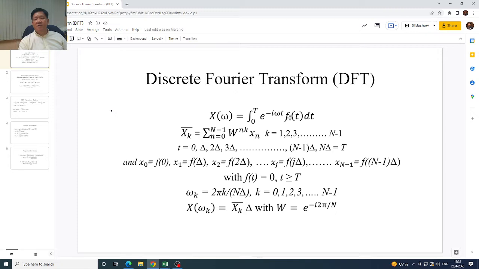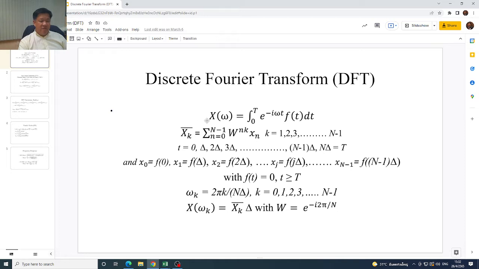So this form is a little bit different from Fourier series. Let me remind you again, when you study Fourier series, f of t needs to have the periodic assumption, becoming a cyclic signal which repeats itself every period of capital T.